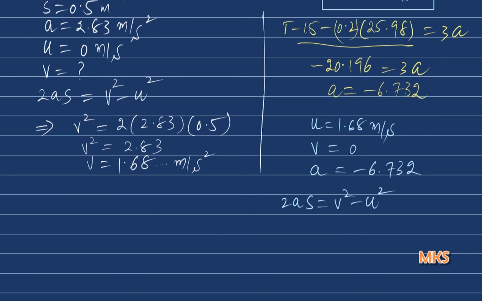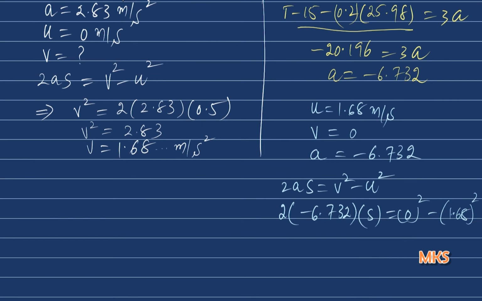So 2 times a, which is minus 6.732, times s, which we are going to find, is equal to v square, which is 0 square, minus 1.68 square.